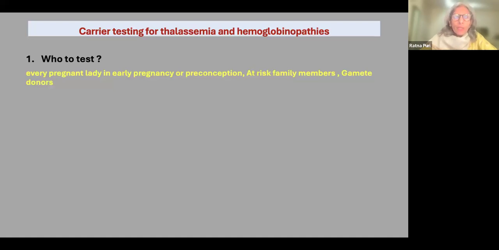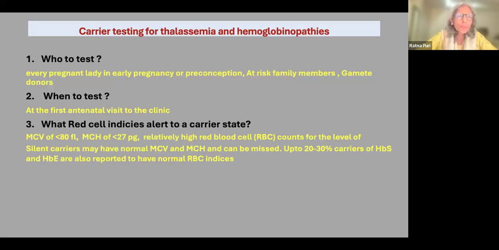It's important that we take a family history so that if there is a family history of thalassemia, we are already alerted to it, but we need to test even in the absence of a family history, and also for gamete donors. And if you've done an HPLC in the first pregnancy, please don't repeat it in the second pregnancy because that will not change. So we have to test as soon as possible.